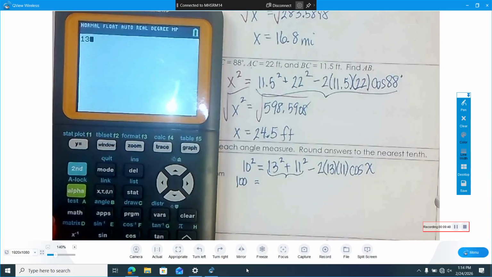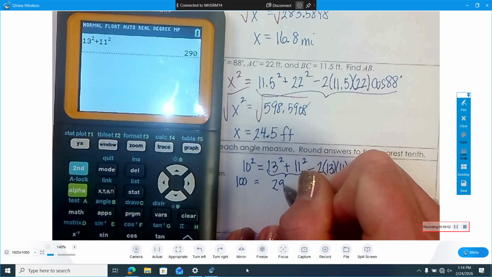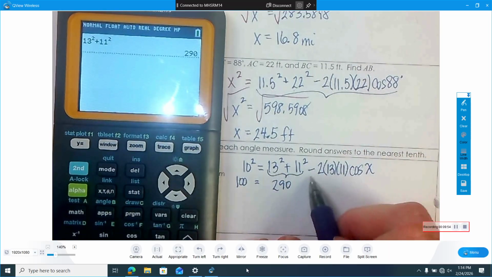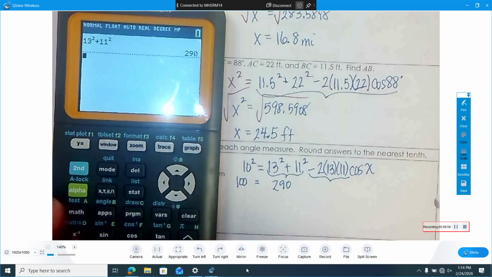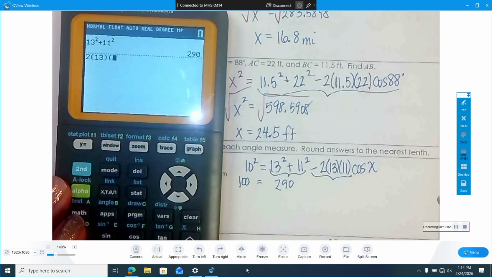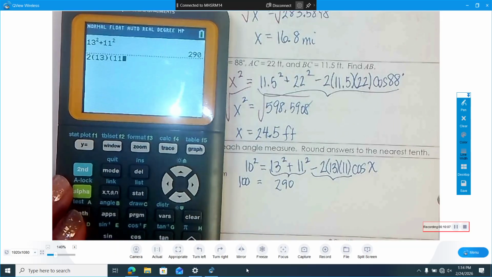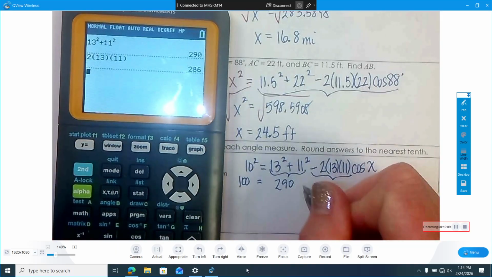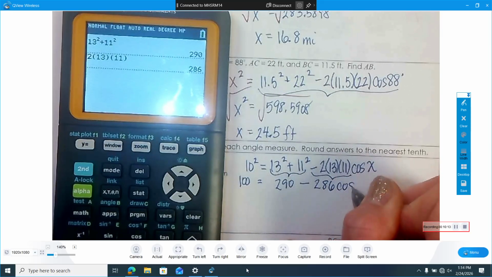All right, so I can evaluate that. 13 squared plus 11 squared, that's 290. And then all this stuff in front of cosine, I can also combine. So that's 2 times 13 times 12. Oh, sorry, 11. Just kidding. I don't know why I thought 12. All right. And so this becomes minus 286 times the cosine of x.